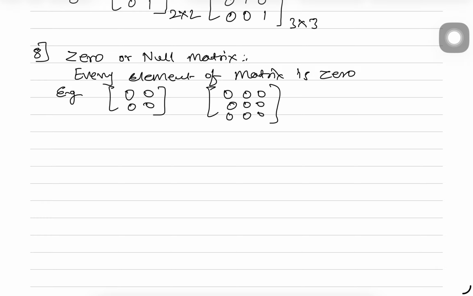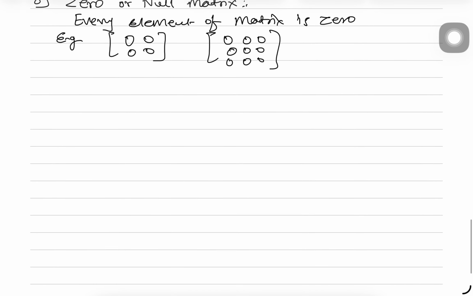Next is the triangular matrix, which we will see afterwards. First over here, next we will see the determinant of the matrix.